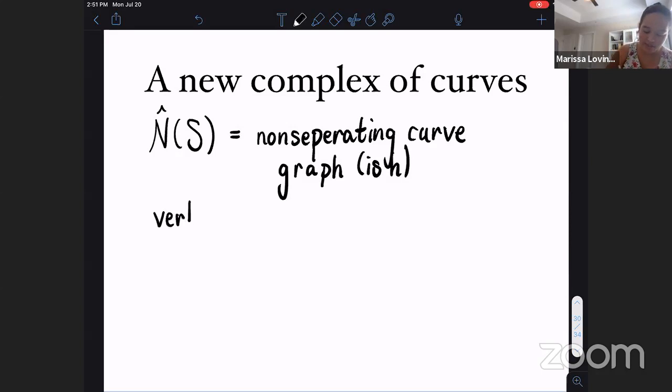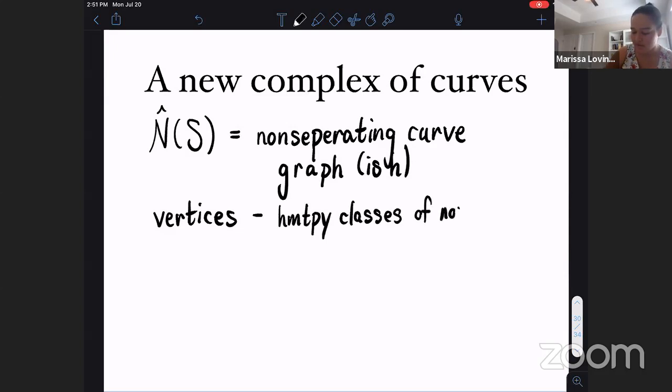So the vertices are what you would hope for them to be. These are just the homotopy classes of non-separating curves. Of course, these are essential simple non-separating curves.